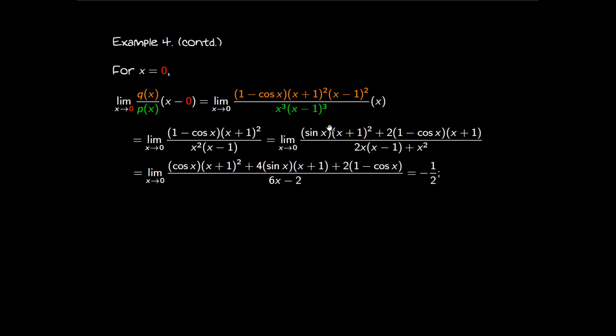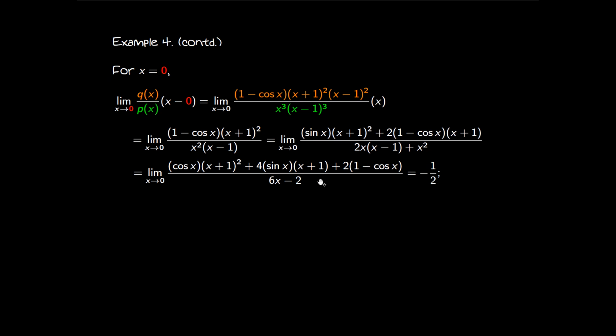But when you check the numerator, sine 0 is 0, so the first term is 0. And here, cosine 0 is 1, so 1 minus 1 is 0. So the second term is also 0, and it's 0 plus 0, which is also 0. Once again, we have the 0 over 0 pattern, which means we have to apply L'Hopital's rule again.